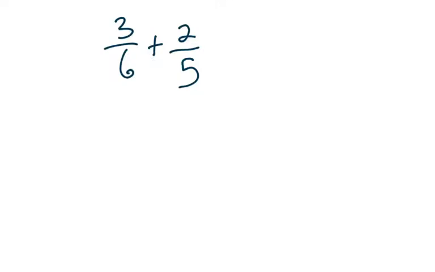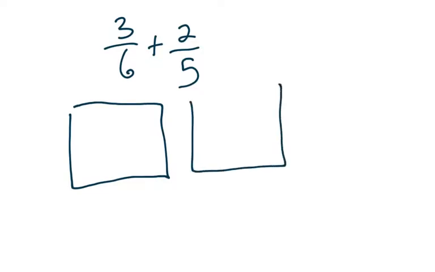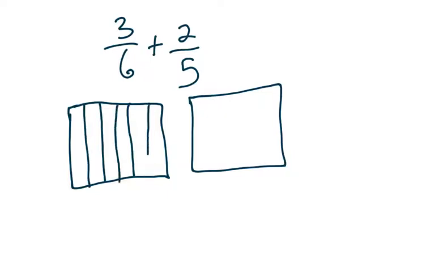And I'm going to draw 2 rectangles first because I'm following my interactive notebook. You must have modeled 3/6. So I always like to go thirds and then cut those in half, or sixths.